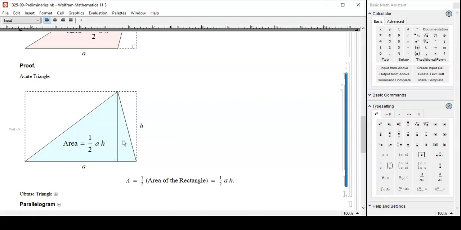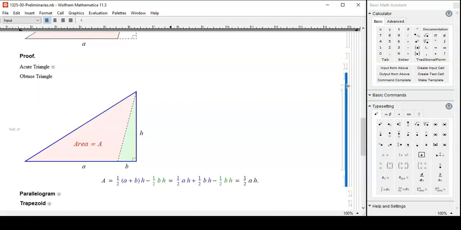And this thin right triangle and this white right triangle are the same. So this big rectangle has twice the area of this triangle we are looking for. So find out the area of the rectangle and take the half. Then you get the triangle area. That's why we get 1/2.